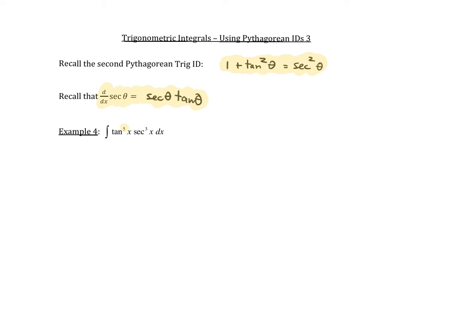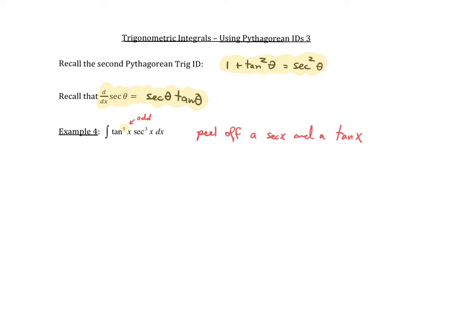Now, what I want to do this time is I am going to peel off a secant x and a tangent x. I also want to draw special attention to the fact that this was an odd power there.